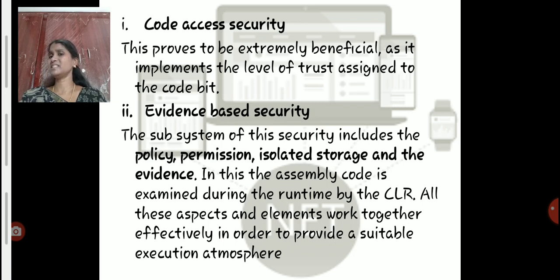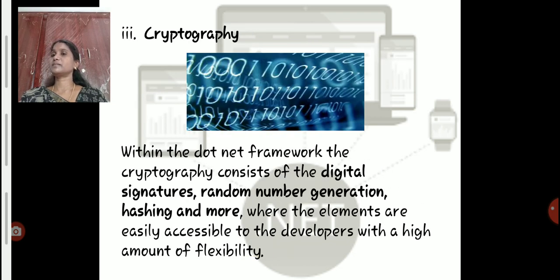In this, the assembly code is examined during runtime by the CLR, right? Then it is cryptography. Cryptographic measures we all know: the CLR itself provides digital signature, random number generation, hashing, and some more cryptographic techniques to encrypt and decrypt the code.